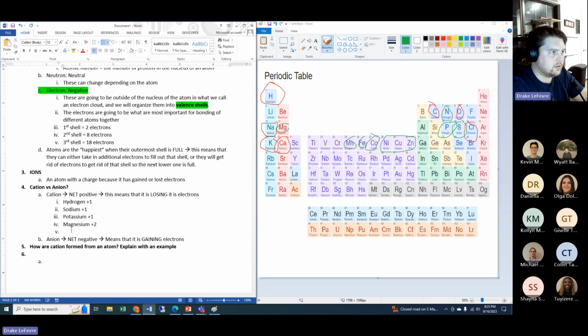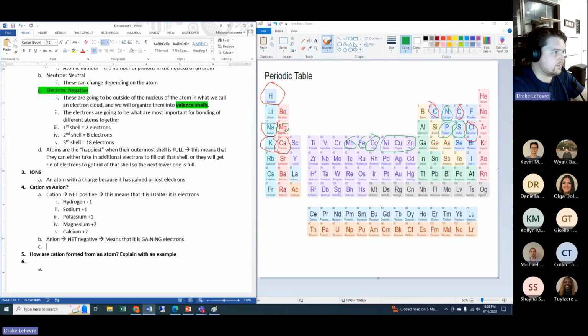Magnesium is a +2. And calcium is a +2. I mean, that's their charge. So we can correlate this directly back, saying, okay, we know how many electrons they have lost. If they have one more proton than they do electrons, that means they've lost 1 electron and kept the same number of protons.